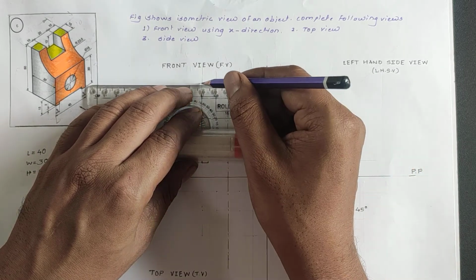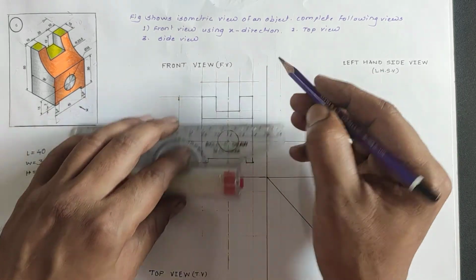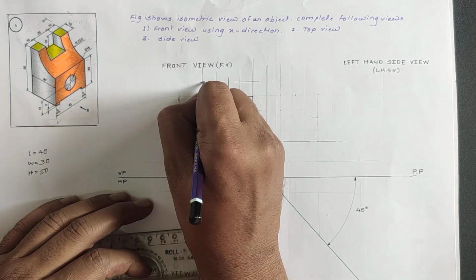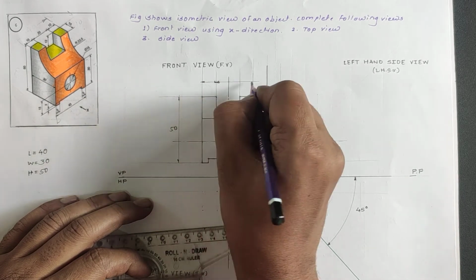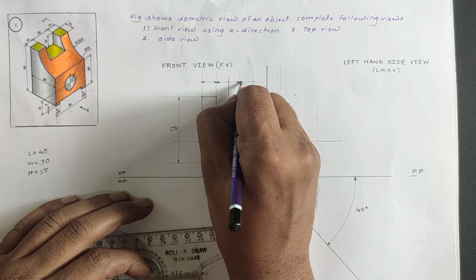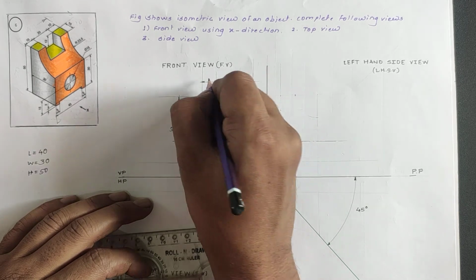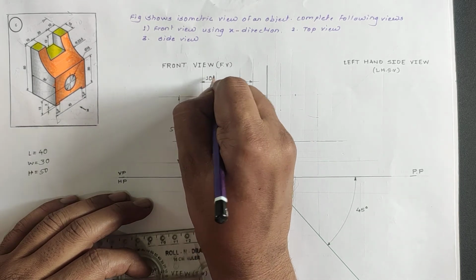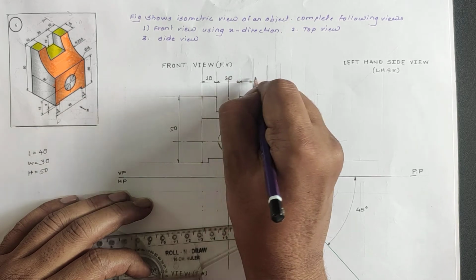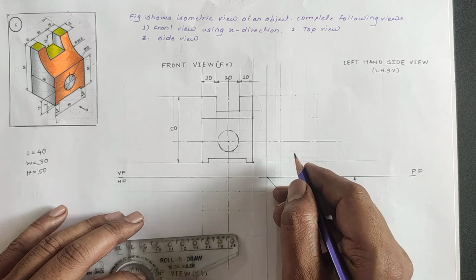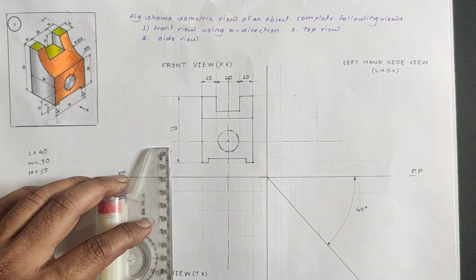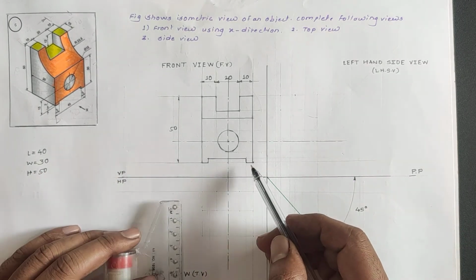Faint lines, extension lines. Show the proper arrows. First is 10 mm, 20 mm, again 10 mm. That much dimensioning is sufficient for front view.